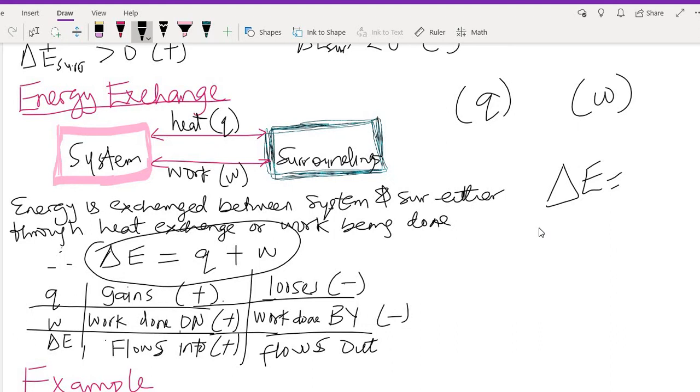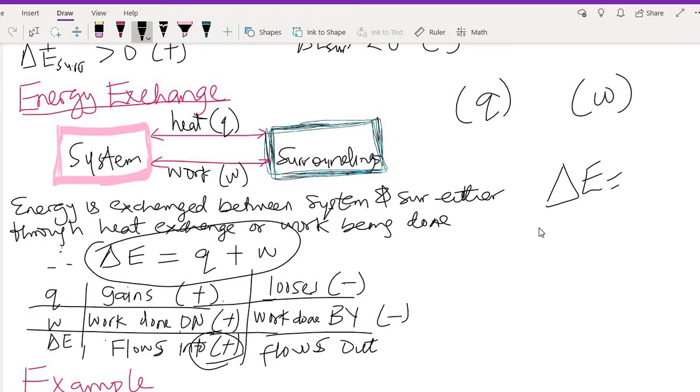When work is done by the system, W becomes negative. When we add these together, it means that when we have positive Q and positive W, delta E, which is the change in internal energy, becomes positive. This implies that energy flows into the system.